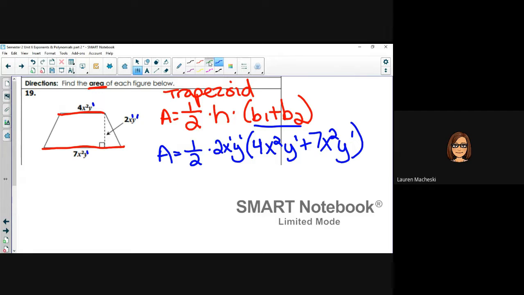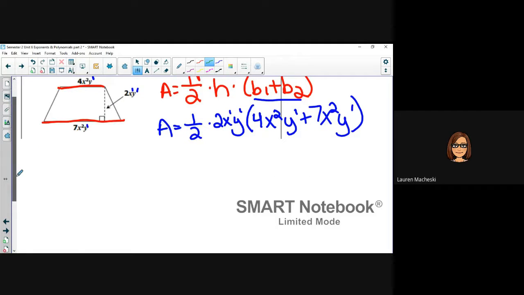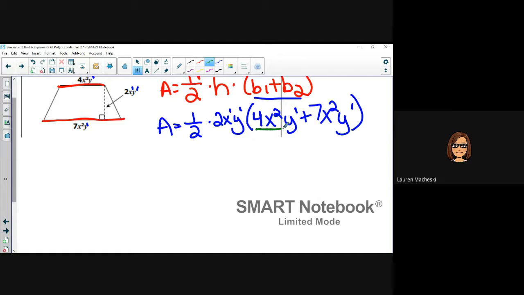All right, order of operations tells me I've got to do what's in parentheses first. Now, the only way I can add those is if they are like terms. Are they like terms? This is an x squared y. Is this an x squared y? It is. So keep that like term. 4 plus 7 is 11.